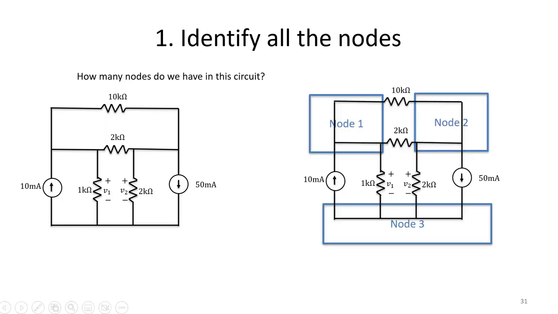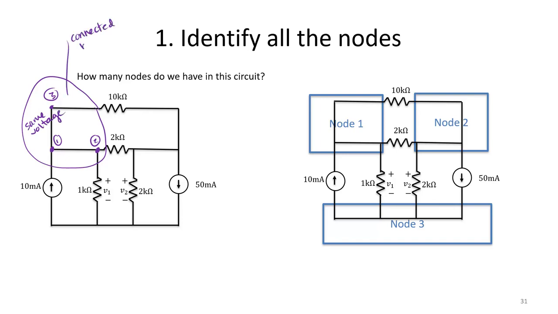You should have ended up with something like this. Notice that just because these points may appear different, these 1, 2, 3, all of these points are sitting at the same voltage. Notice that they're connected by a plain wire or a short.